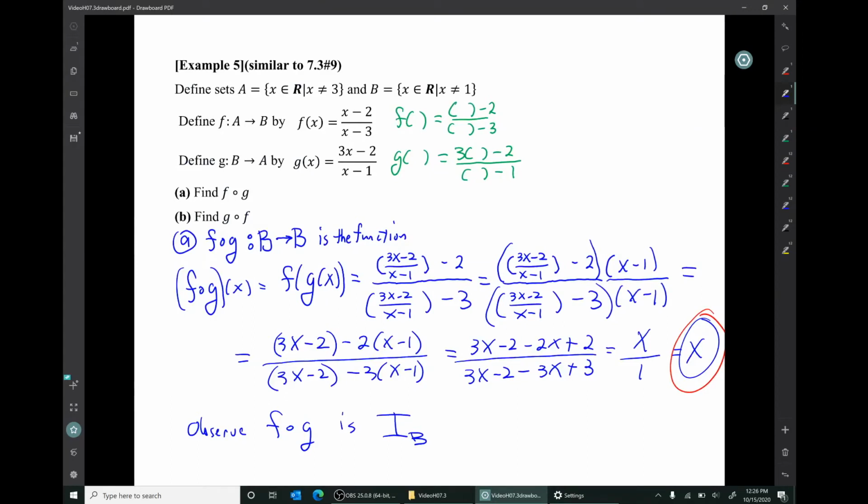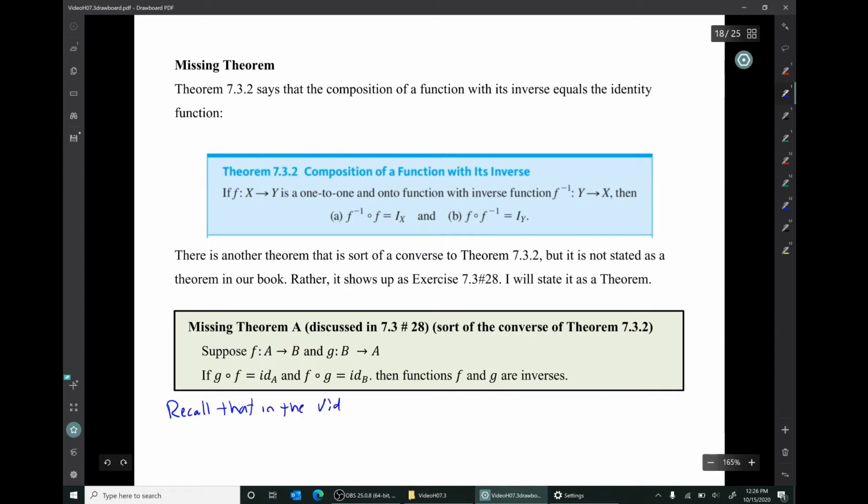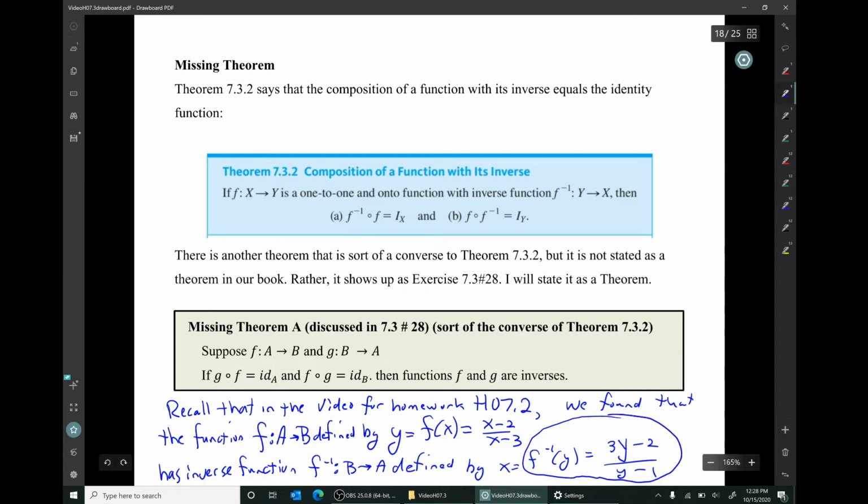Well, remember, in the previous video, for content from section 7.2, we discussed this function f, and we found its inverse. And what we found was the following. In that video, we found the inverse function had this formula, f inverse of y equals 3y minus 2.